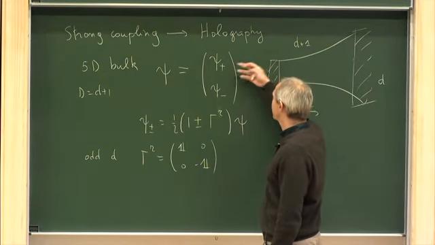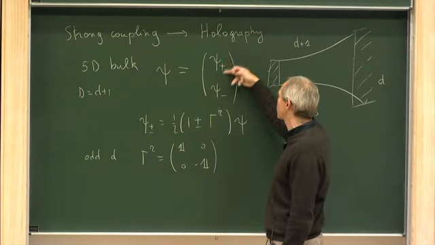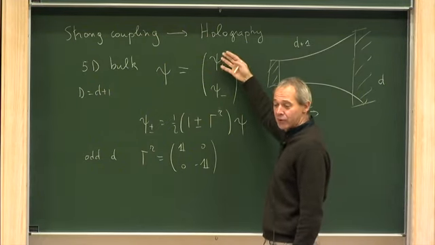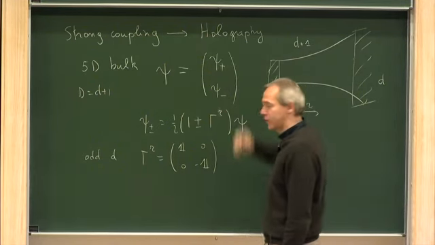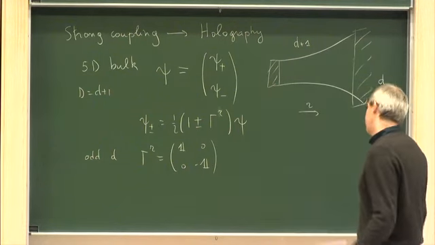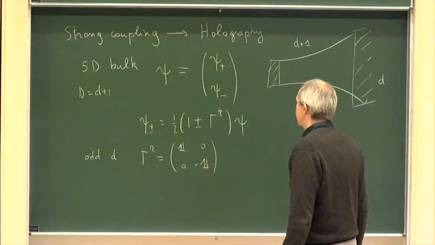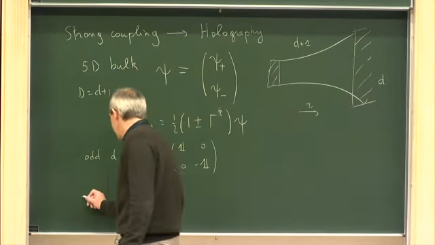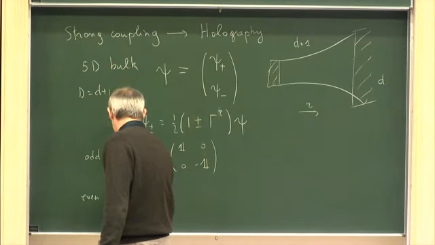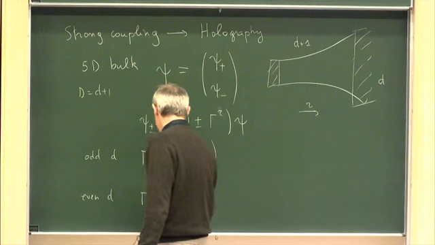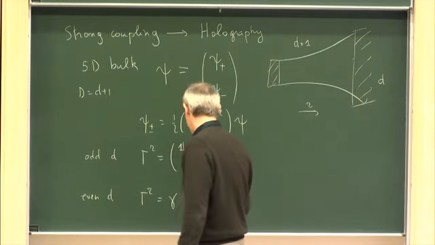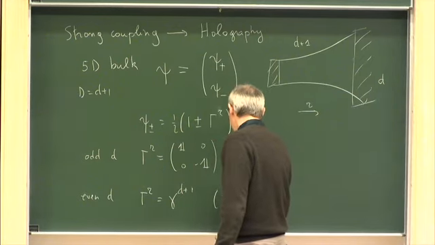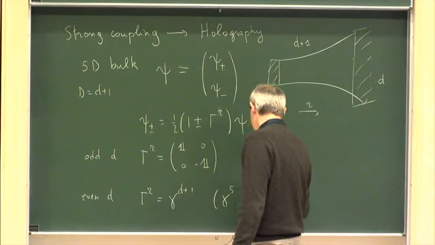But on the boundary, this becomes a Dirac fermion. This is the source, and this is going to be basically the response. So your boundary theory is a theory for a Dirac spinor, and that's what is used a lot in AdS4/CMT3. However, for even d, which is the case I'm interested in, what you choose is the chirality operator in even dimensions, so gamma 5 in d equals 4.